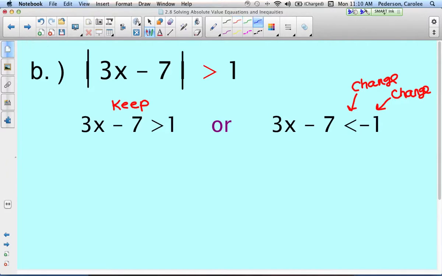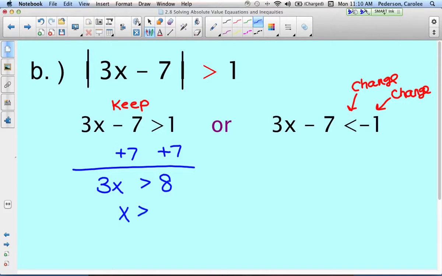So first step here is to add 7 to both sides. So we have 3x greater than 1 plus 7 is 8. Divide both sides by 3. So x is greater than 2.6, repeating.